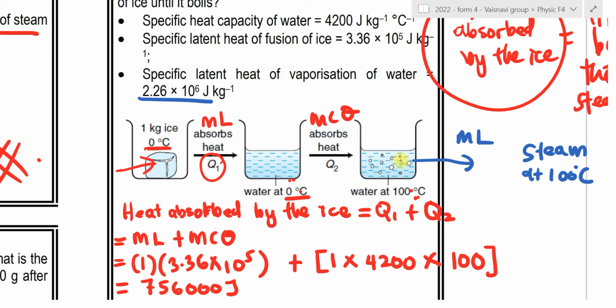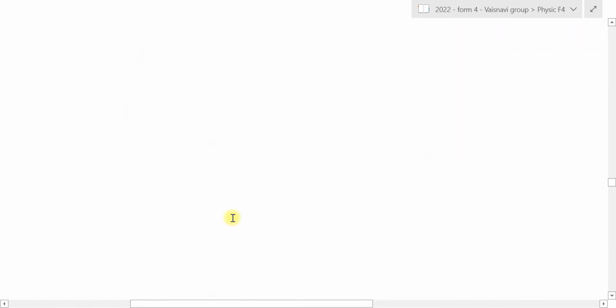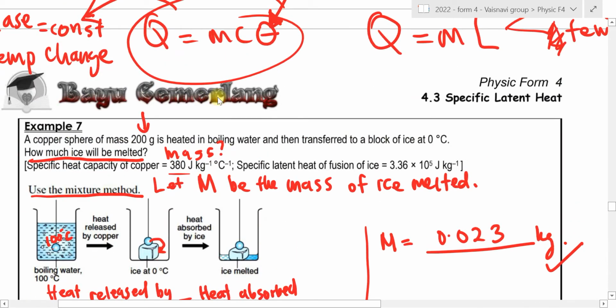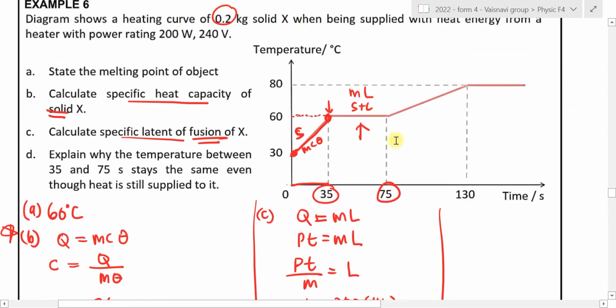So we do up to here first. Up to here it becomes ice, the ice becomes water, the water has boiled. So how many phases of heat are absorbed? Q1 and Q2. Then the total heat energy is what is converted to become steam. That's why we add these two. It is almost the same as the previous question from last week.